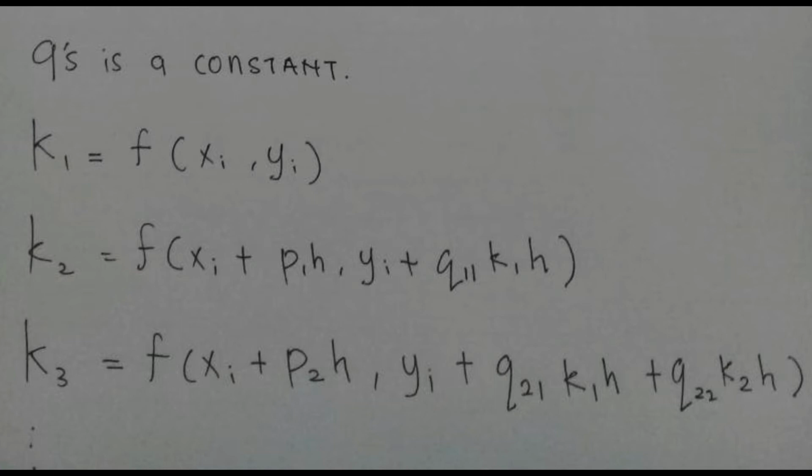Next, the value of k2 is equal to the function of x_i plus p1 times h and y_i plus q11 times k1 times h. For the value of k3, it equals the function of x_i plus p2 times h and y_i plus q21 times k1 times h plus q22 times k2 times h, where the values of p and q are constants, same goes to a.